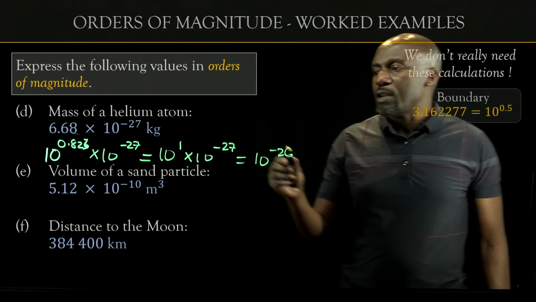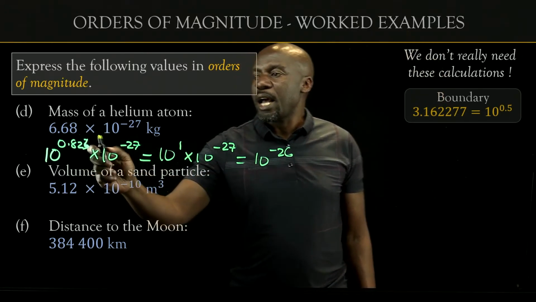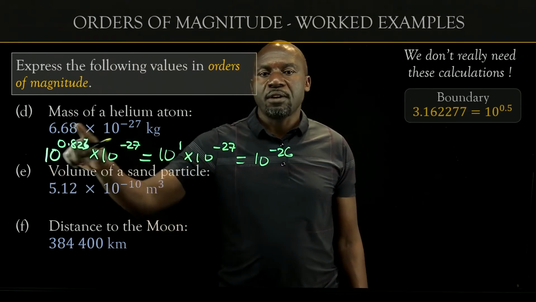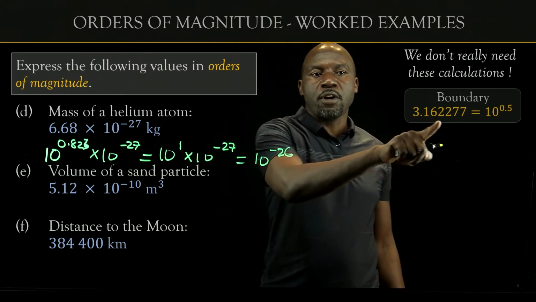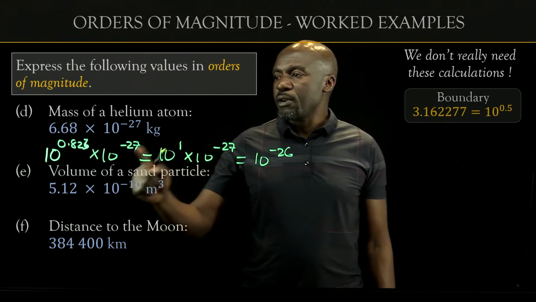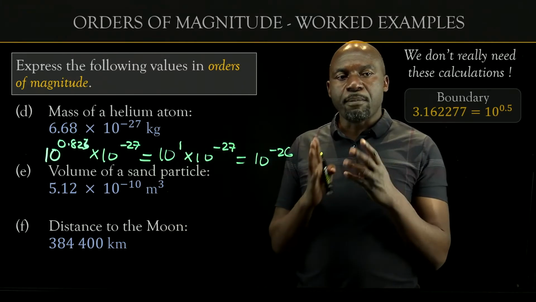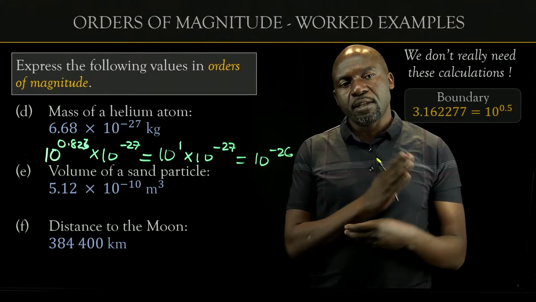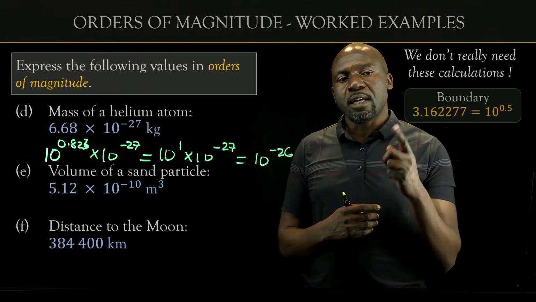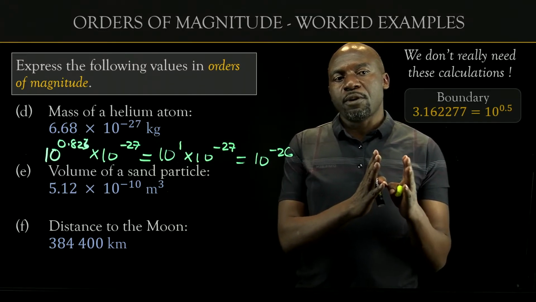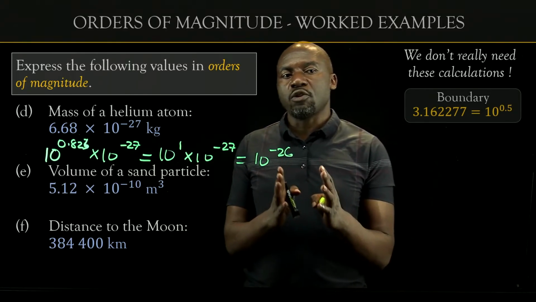I already knew this was going to round off to 10 to the power of 1 because I know 6 is greater than 3.16. So I will use 3.16 as my boundary. Any number that is greater than 3.16, I'll write as approximately 10 to the power of 1. Any number less than 3.16, I'll write as 10 to the power of 0.